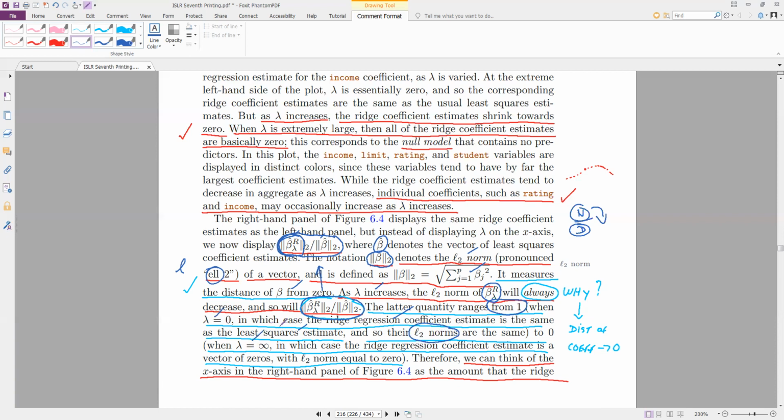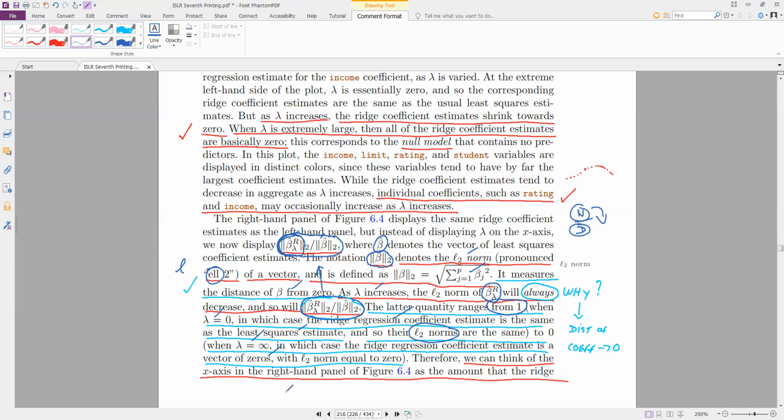When lambda is equal to infinity, again, it's unrealistic. You're never going to have lambda equal to infinity, but when you're dealing with these models, the theory behind it is you have to take it to the limit, take it to the extremes and see what the behavior is. When lambda is equal to infinity, the ridge regression coefficient estimate is a vector of zeros.